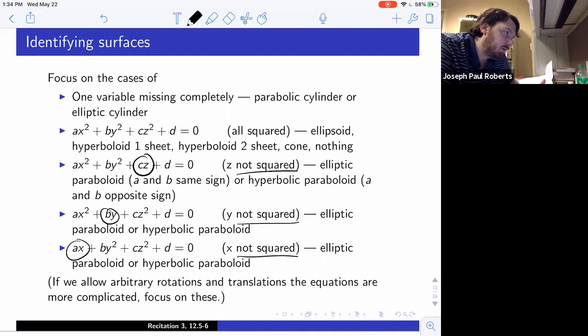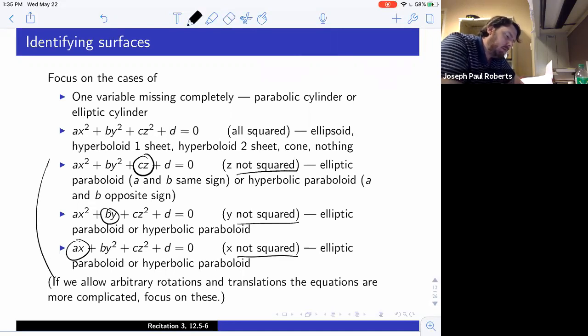And that's easy to remember because, in the xy plane, parabolas are something like y equals x squared or x equals y squared minus 2. In a parabola, something is squared, something isn't. And so you can think of that pattern as continuing for these paraboloids.